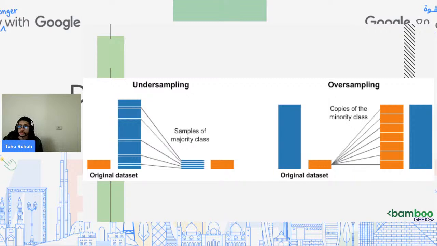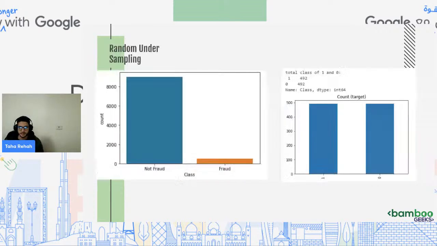In this way, I'm oversampling the minority class to be equal to the majority class. It's basically a simple concept. Undersampling is getting the majority equal to the minority. Oversampling is getting the minority equal to the majority. Hope it's clear and simple.